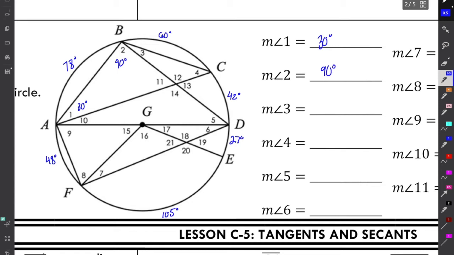Angle 3. Angle 3, another inscribed angle that is intercepting this arc CD, so it's half of 42, so it's 21. And then angle 4, let's see what that is. Another inscribed angle which is intercepting arc AB, so we take half of 78, so it is equal to 39 degrees.